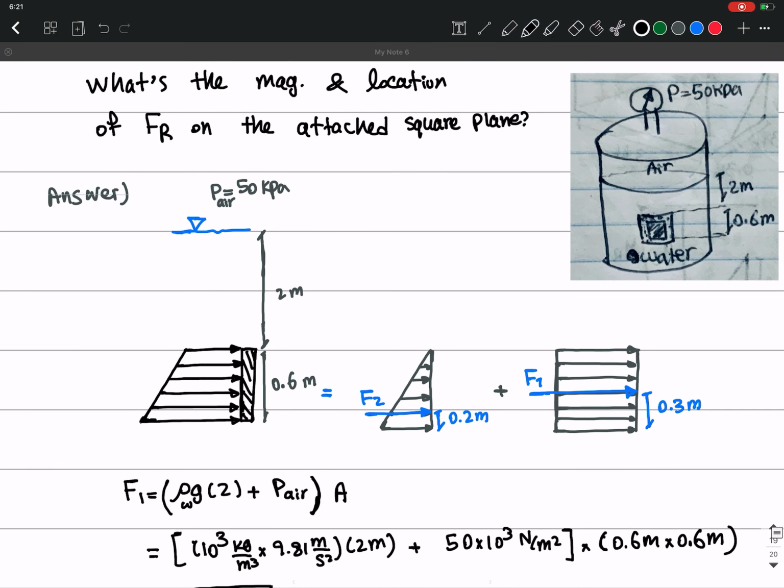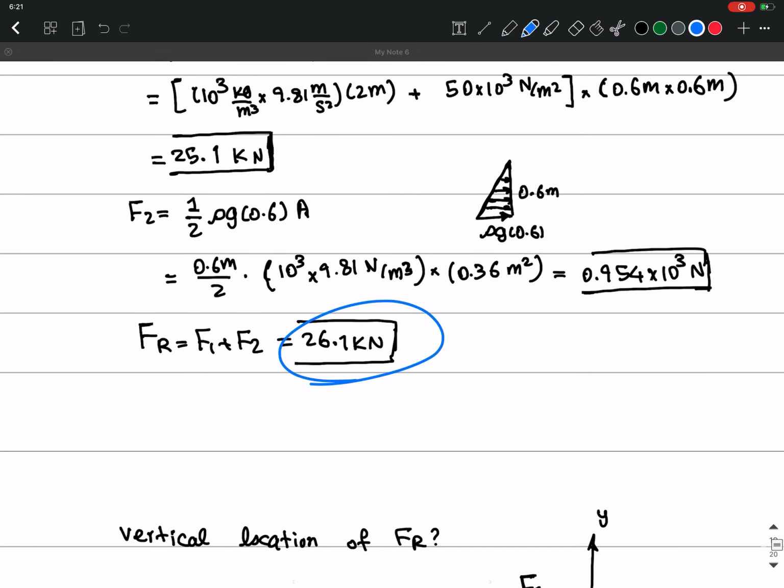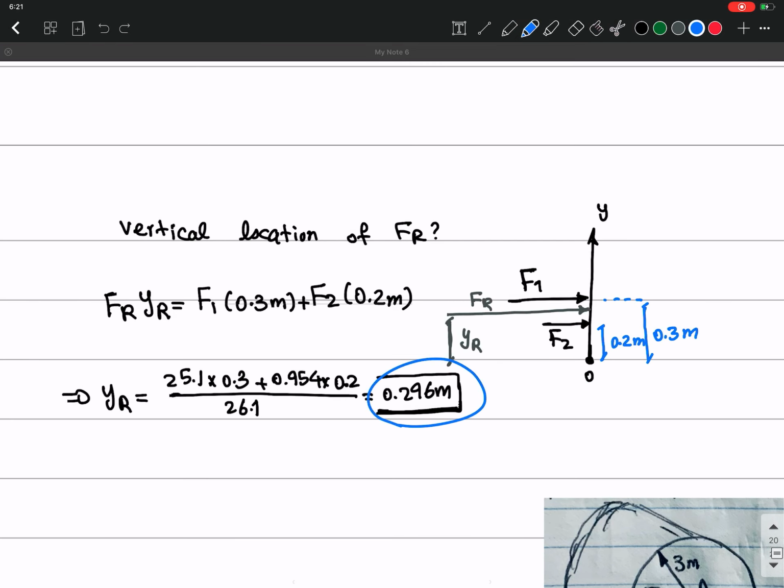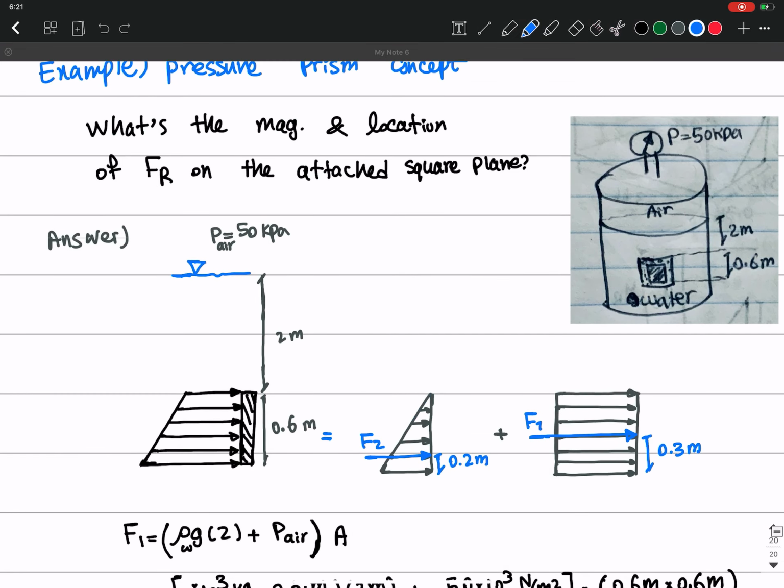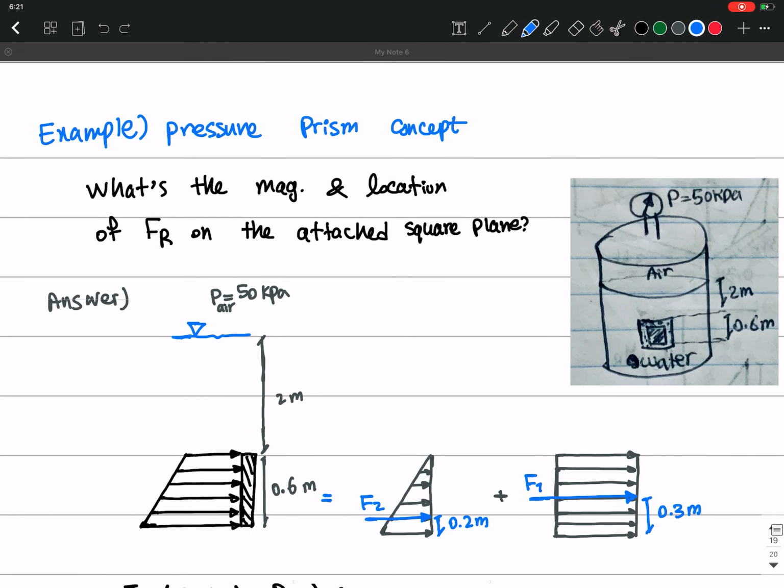So the location of the magnitude of the resultant force is this, and the location of it is going to be 0.296 meter from the bottom of the plate, which if you calculate it is going to be 2 meter from here plus 0.6 minus 0.296 meter.